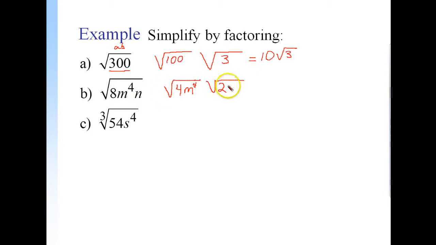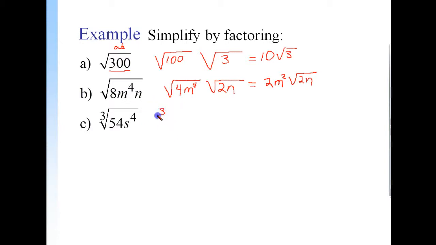And then n is not a perfect square. So now we take the square root of this, which is going to be 2m to the 2nd, and then the square root of 2n. So what we're doing is reversing what we had done earlier so that we can simplify these radicals.